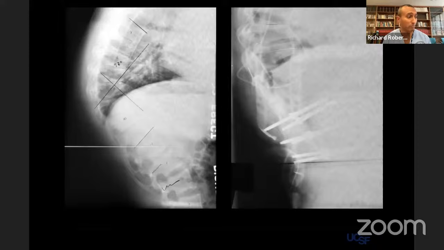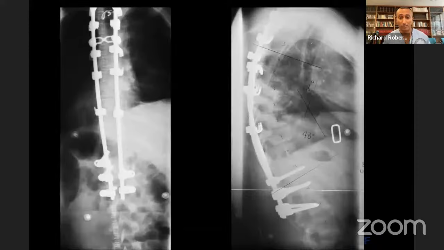And then if we move on to the next slide, we can see there adding the lumbar screws, the lower instrumentation T11, 12, and L1, and then using hooks above up to T2, we're able to achieve the correction from 98 degrees preoperatively to 48 degrees postoperatively.